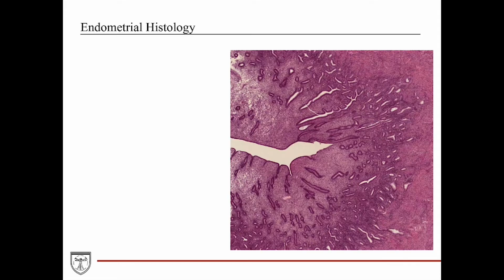the period of time where the stratum functionale is rebuilding or starting to thicken again. So this phase spans approximately day 5 to about 14 in the menstrual or the ovarian cycle.